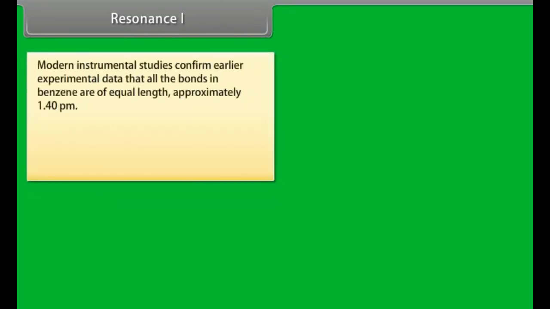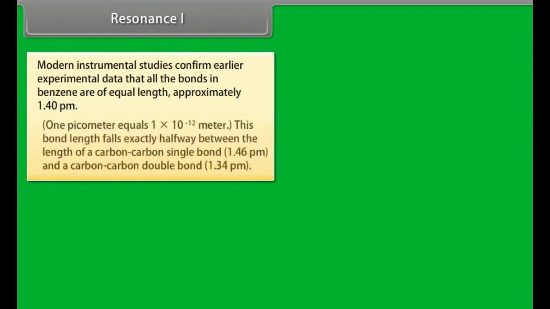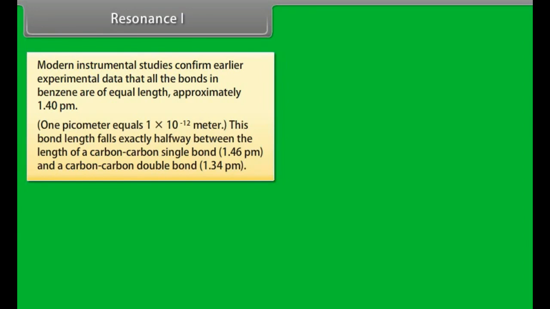Resonance. Modern instrumental studies confirm earlier experimental data that all the bonds in benzene are of equal length, approximately 1.40 picometer. 1 picometer equals 1 × 10^-12 meter.